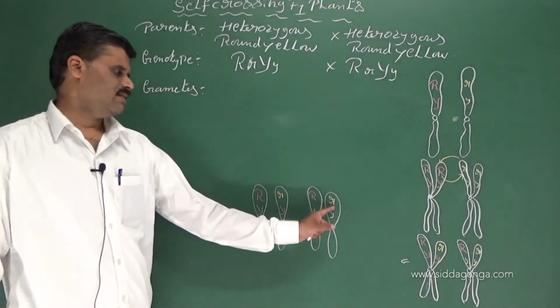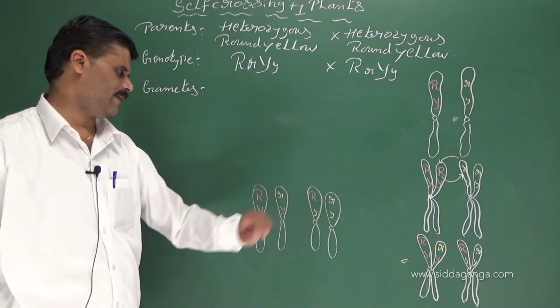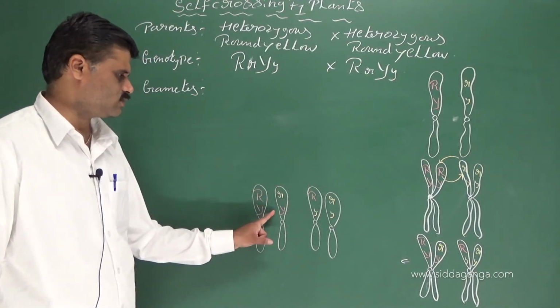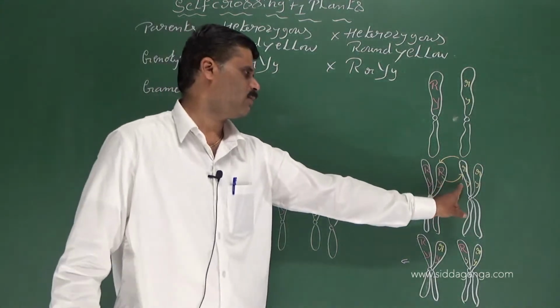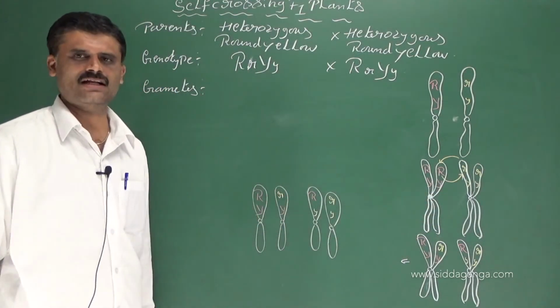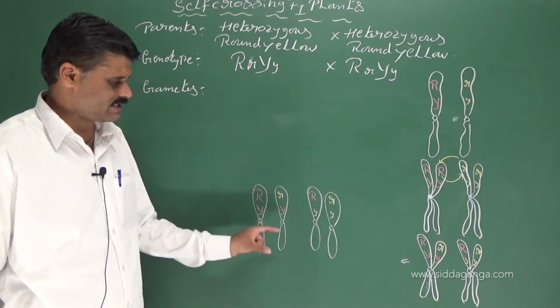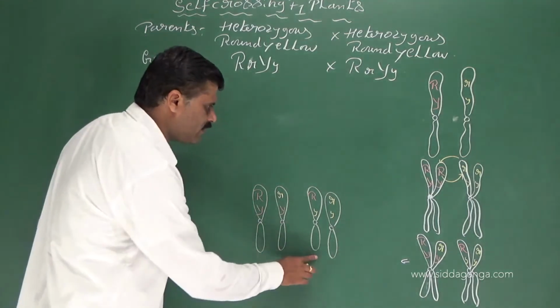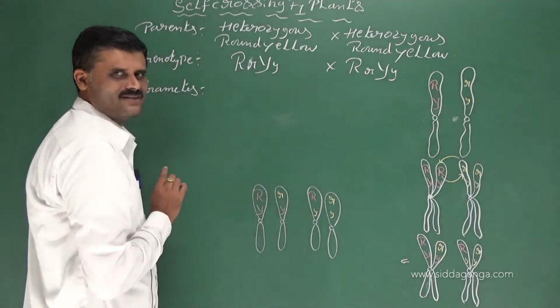Meaning wrinkled and green. So now the exchange of genes occurred in the non-sister chromatids of homologous chromosomes, which brings genetic variation, and that genetic variation is inherited in the offspring. Hence 4 different types of gametes are now formed.